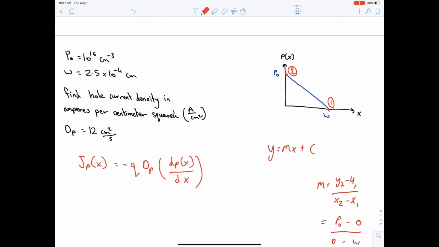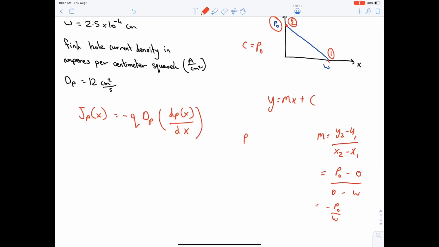C is p naught, so p of x is equal to minus p naught over omega x plus p naught. The derivative of p of x is only minus p naught over omega. Now let's plug in the numbers.